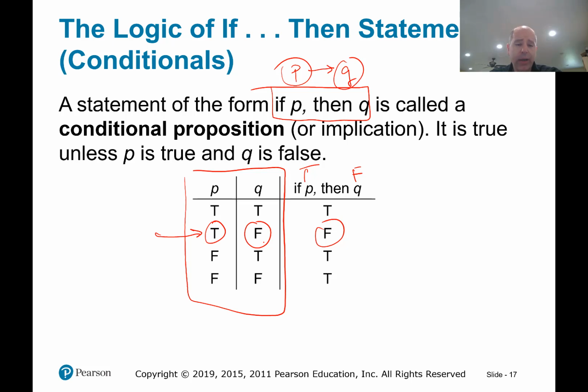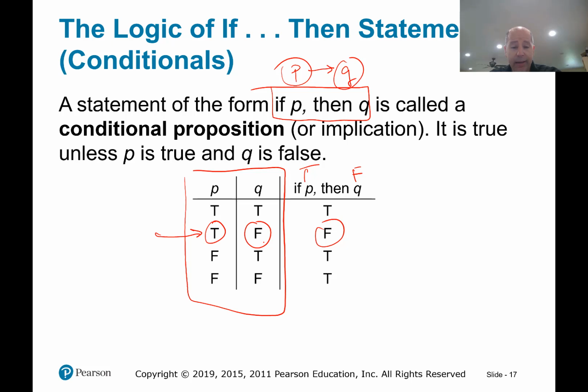All I said was, here's what I promise to do if you get 100% on your spelling test. If he doesn't get 100% on his spelling test, all bets are off. I can choose to take him out for ice cream anyway, or I can choose not to. In either one of those cases, you cannot tell me that I lied to my son, because all I told my son was what would happen if he got 100% on his spelling test.